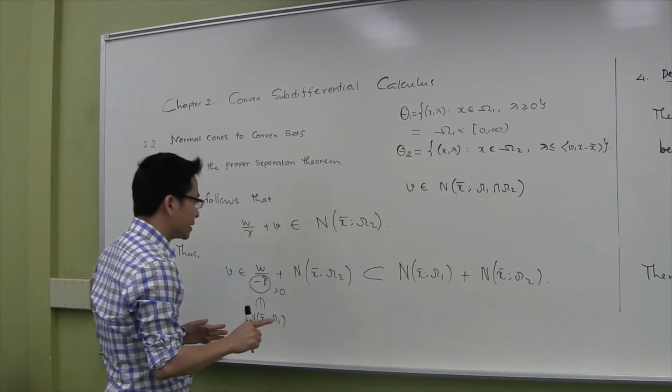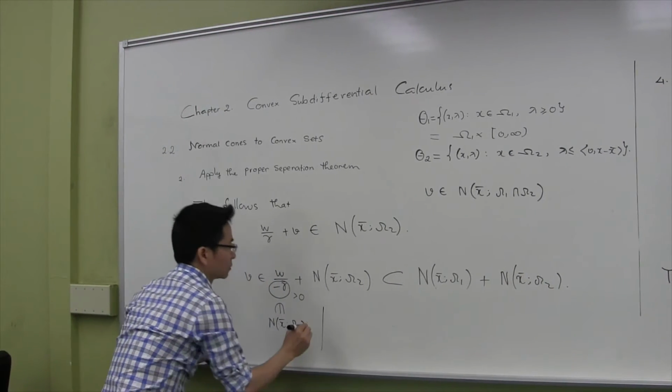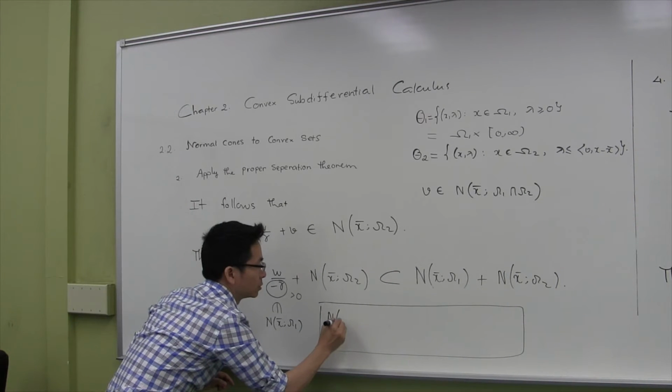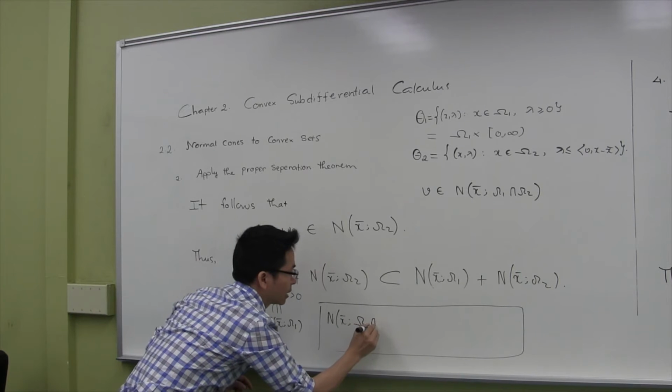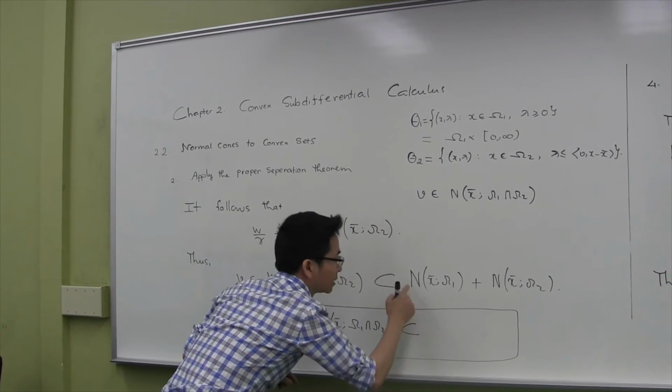So we have completed the proof of the inclusion. The normal cone to the intersection of omega 1 and omega 2 at x bar is a subset of this sum.